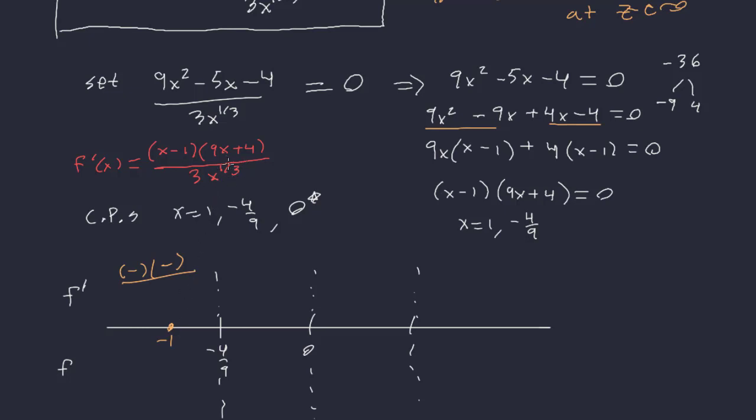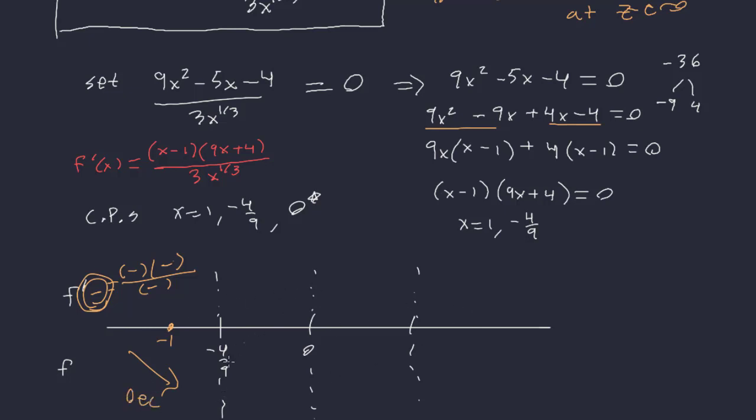Well, x to the 1/3 will preserve negatives. So we have negative, negative, negative. So 3 negatives together. That's going to make the whole thing a positive. Or, I'm sorry, a negative. Okay, so the whole thing is a negative. That means f is decreasing on this region.